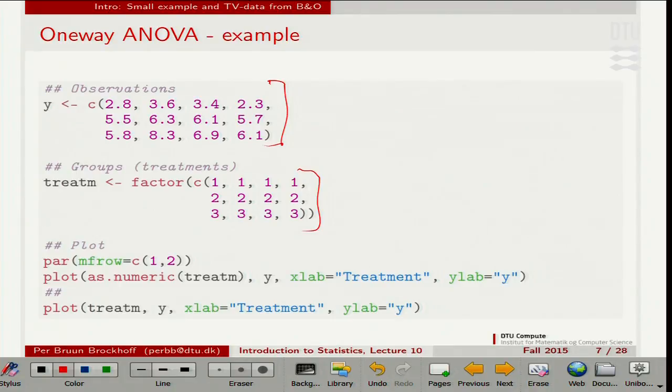And since I code it by numbers and not by letters, I should remember to let R know that please consider this as a grouping factor. There is a function in R called factor that tells R that when you use this treatment vector in whatever you do, it should not use the numbers 1, 2, and 3 quantitatively.